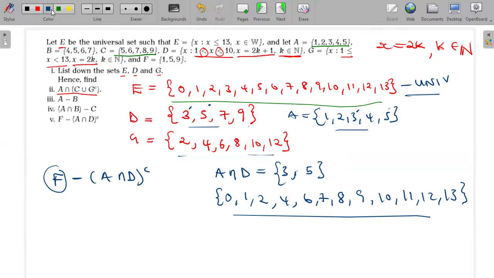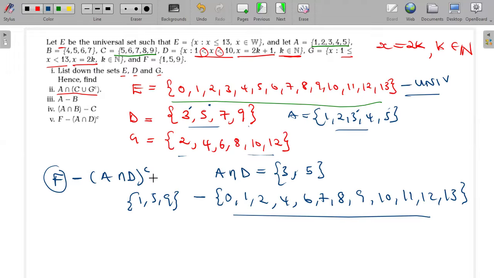That is F, 1, 5, and 9, set difference. So now what we are getting is elements that are in F, but they are not in A intersect D complement. So what elements are those going to be?